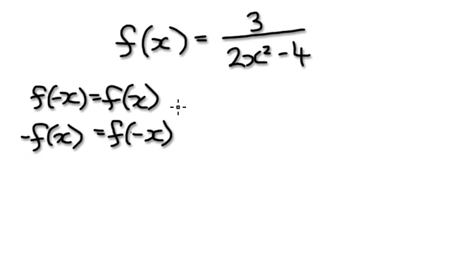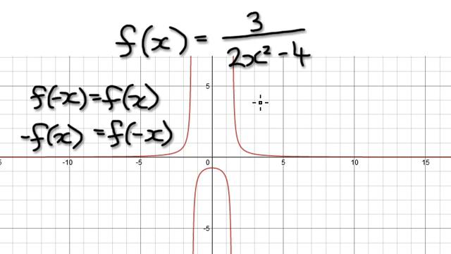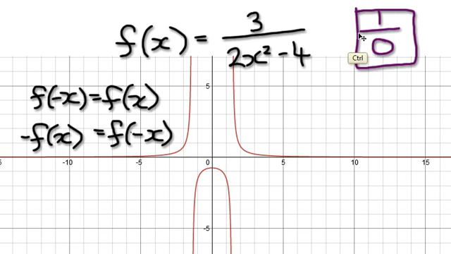So this is all that you're given, and you've got to decide if this is odd, even, or neither. Looking at this graph, there's an asymptote here and another one here. Remember in maths, anytime you have 1 divided by 0, the whole thing breaks down.